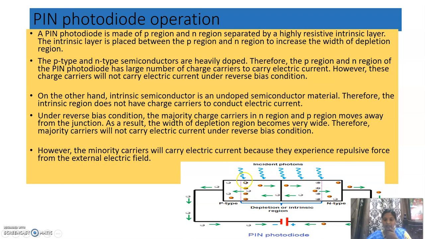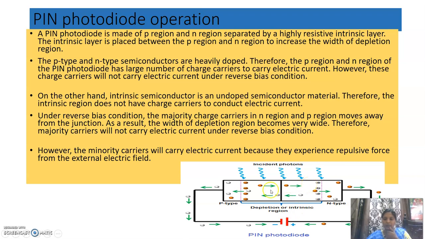Now we have seen these are the immobile charge carriers here, donors and acceptors. At the junction, in the depletion region, we have an electric field because of a potential difference. Because of the electric field, these charge carriers will drift apart from each other.